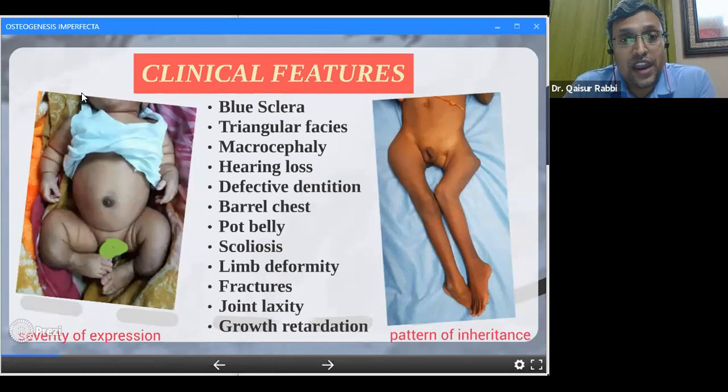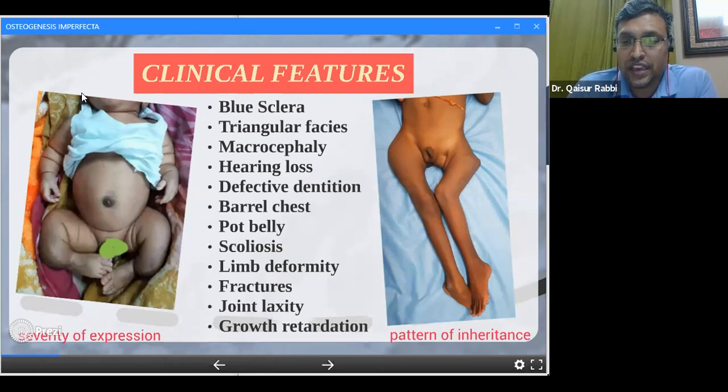So scientists have previously tried to classify this, and this classification started in 1906. Lobstein first tried to classify this as osteogenesis imperfecta tarda and congenita. That means congenitally present or detected afterwards. And then after a long period of time in 1949, Seedorf classified osteogenesis imperfecta tarda into two subgroups, osteogenesis imperfecta tarda gravis and levis.